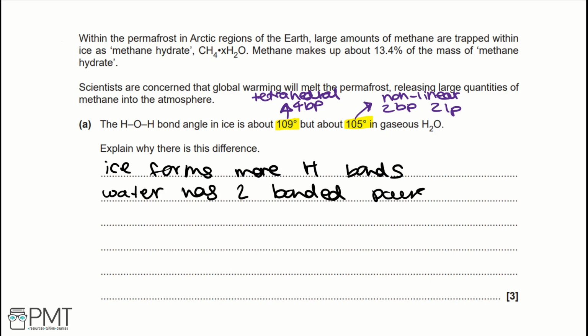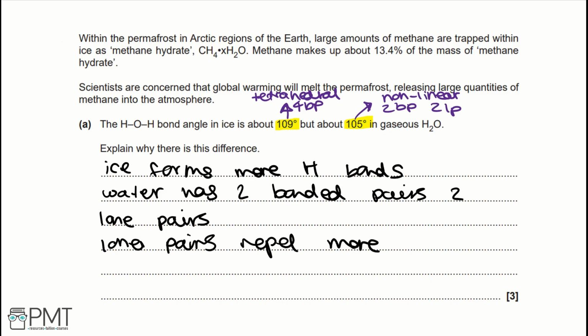Now we're talking about the shape of the molecule and linking to the question. And finally, we need to explain why there's a difference. Lone pairs repel more than bonded pairs. This is a statement that you'll need to learn whenever talking about shapes of molecules, because it's a set statement that I'd recommend writing in anything where you're asked to describe a shape of a molecule.